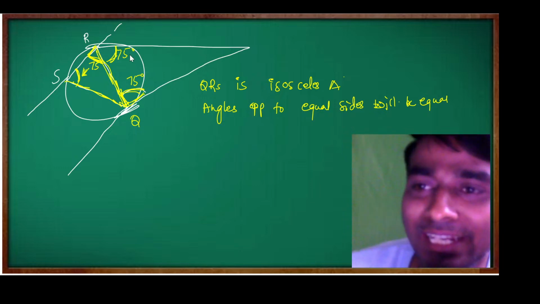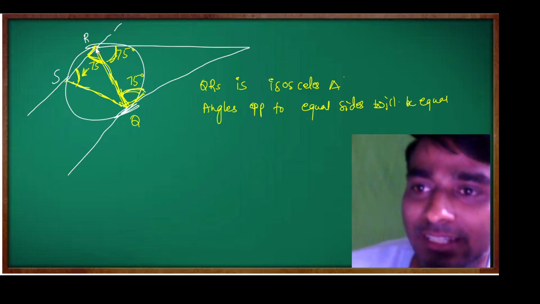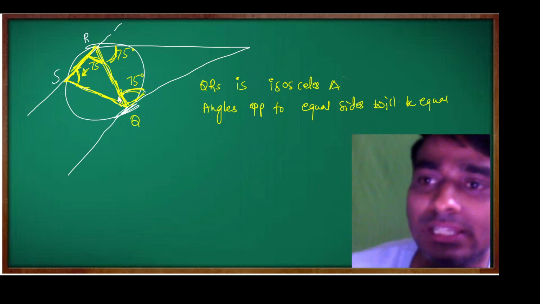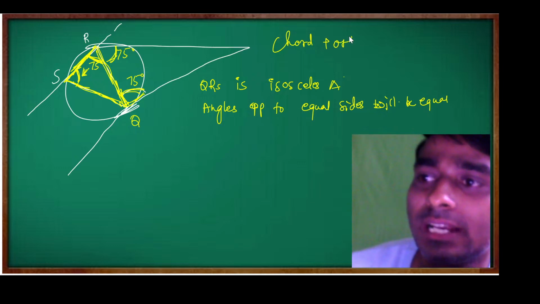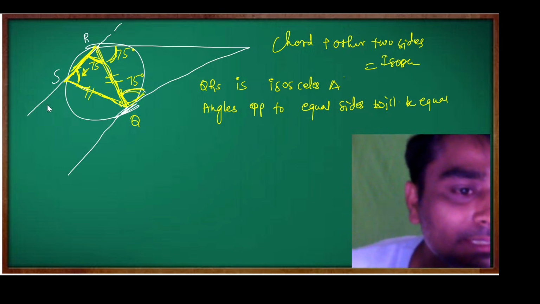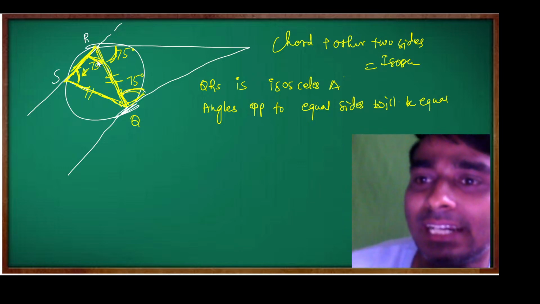But you see, in a circle, if any triangle is constructed by taking the help of a chord, then it will be isosceles only. Chord plus other two sides. These sides will be definitely equal. Therefore, we can consider that concept.